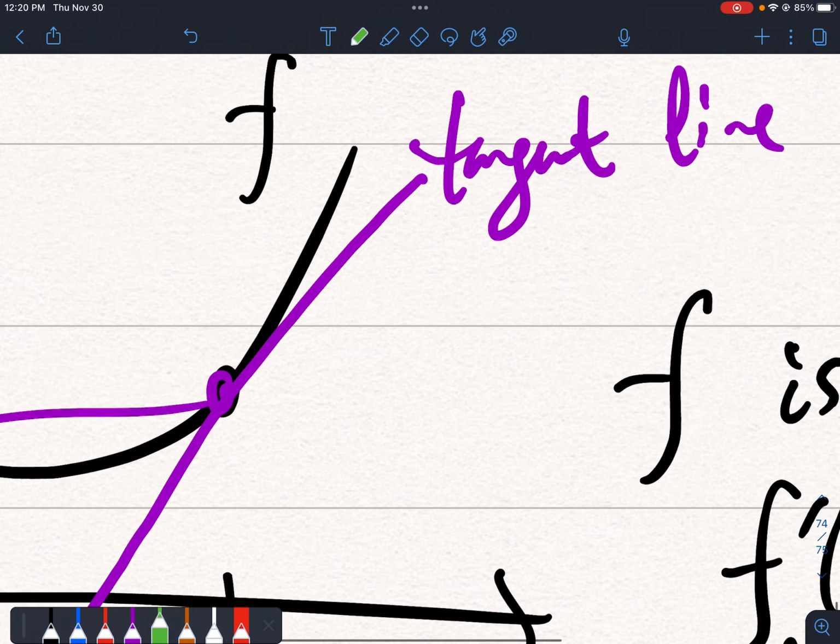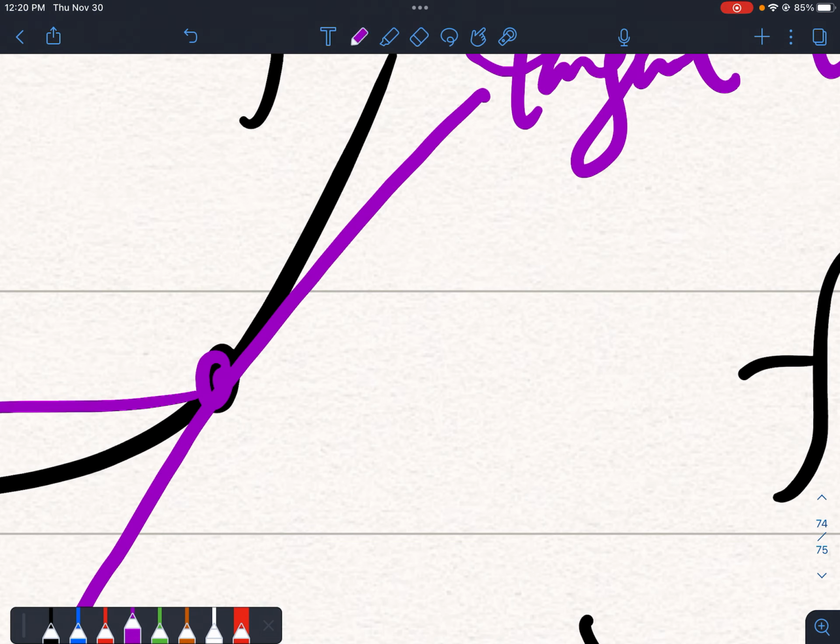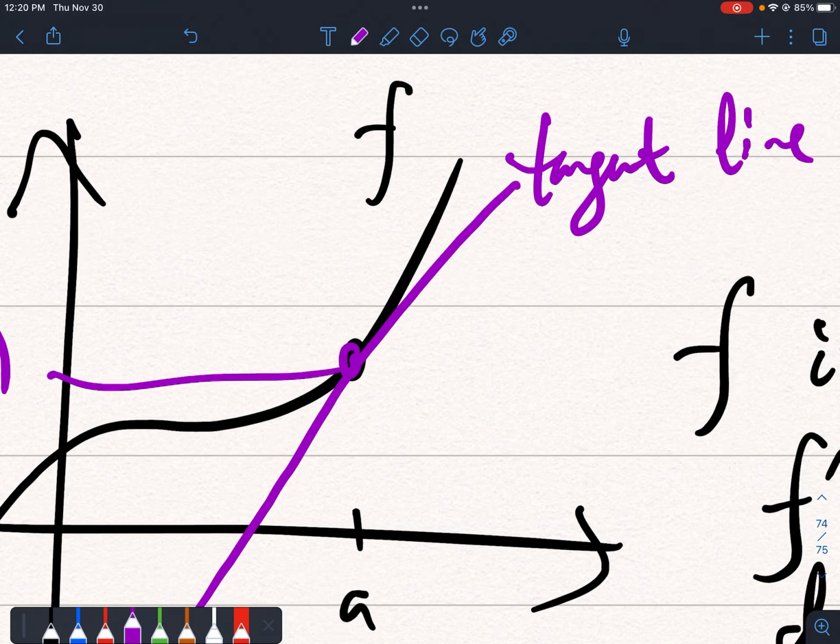Now, as I said, if you look at the graph close enough around this point A, then you'll realize that this gives a very good approximation, right? The tangent line is not the graph itself, but you can see that when this value is very close, then the difference, or the error, should be very small.